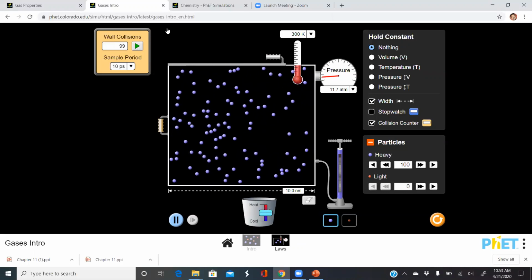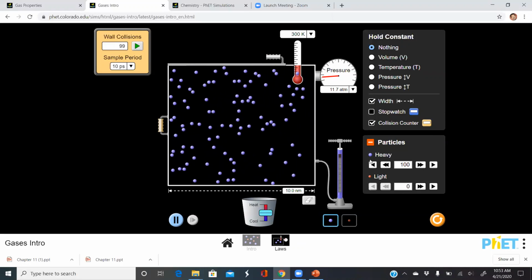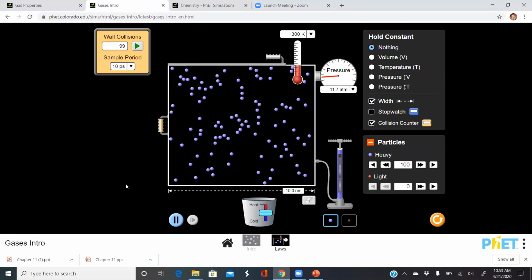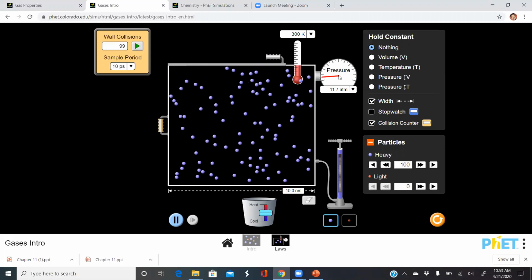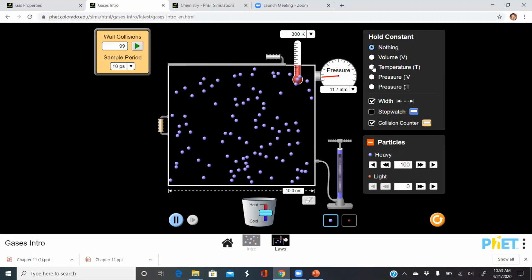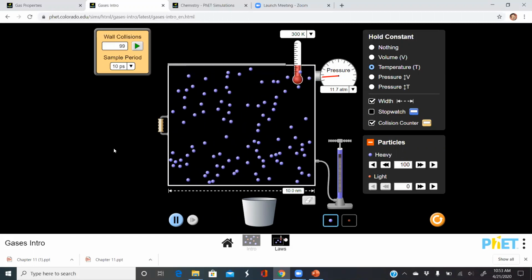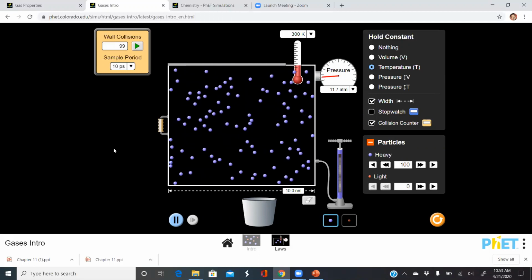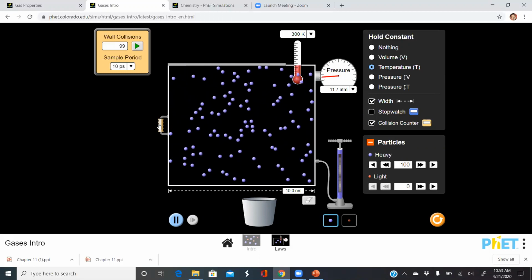Now, I'm not going to introduce more gas here. Instead of introducing more gas, which would change the number of collisions, I'm going to just change the volume. So I'm going to have a constant temperature. I'm not going to introduce any more gas, so there won't be an increase in collisions due to the number of gas particles. What I am going to do is change the volume.